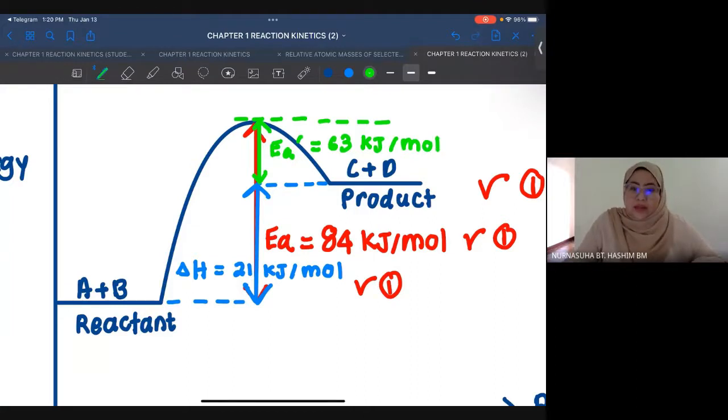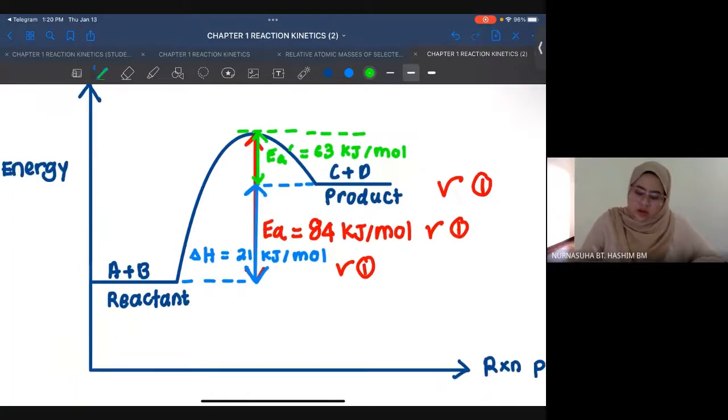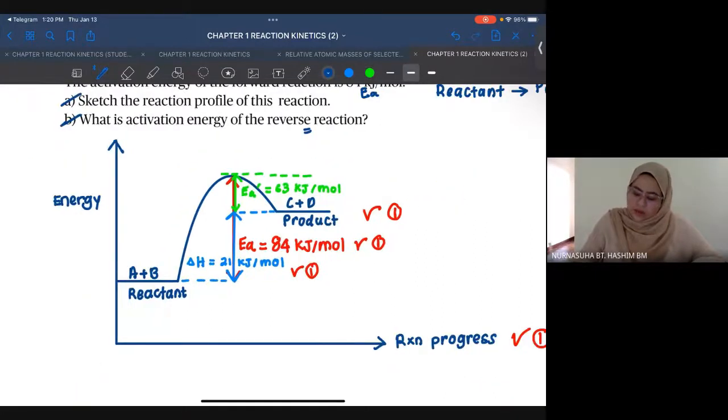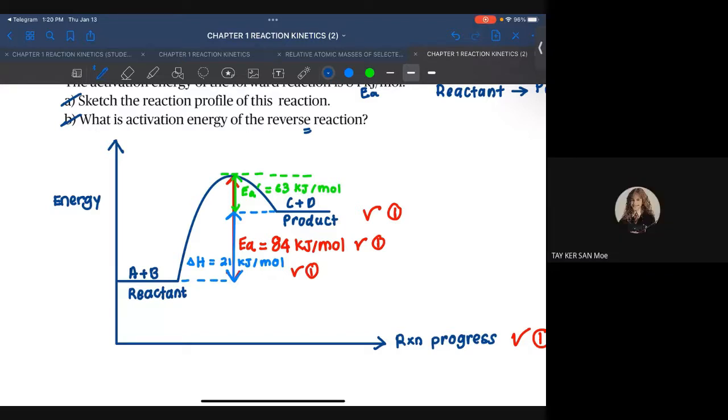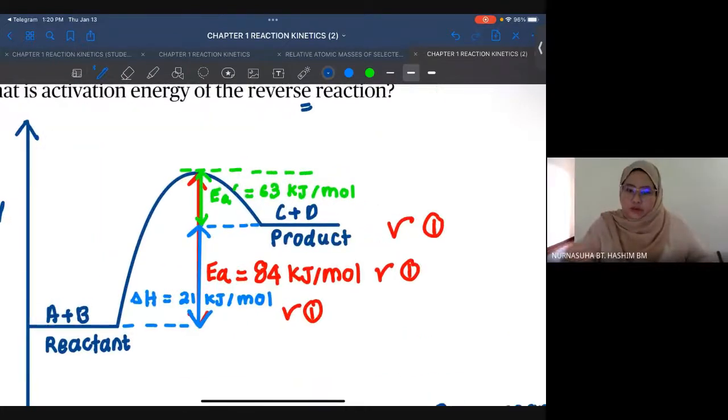Okay, that's the EA. So yesterday, your friend asked me, kena tulis positive sign tak? Okay, good question. Untuk EA is always positive. Madam baru nak sebut tadi. Okay, EA, activation energy is always positive value.